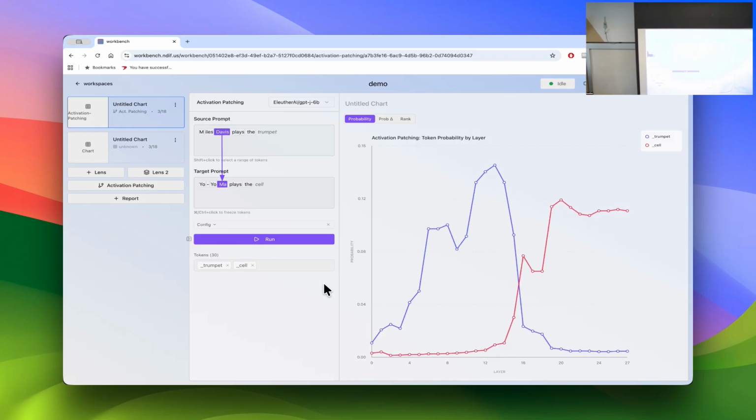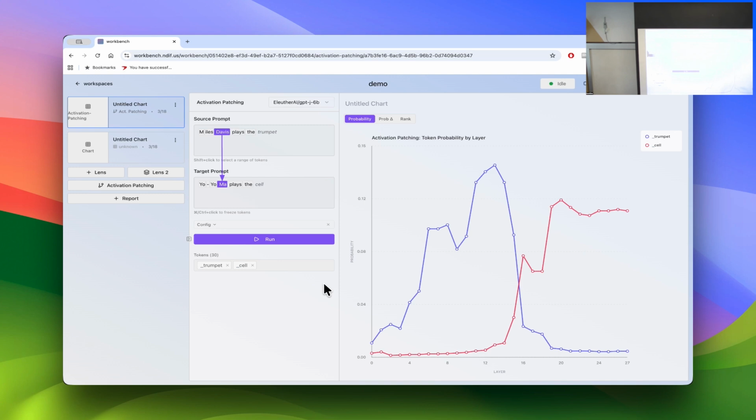Red is cello. It's about to say "o". So it says cello, so it doesn't work. If I patch over at the last layer from Miles Davis to Yo-Yo Ma, it doesn't have any effect. It stays cello.